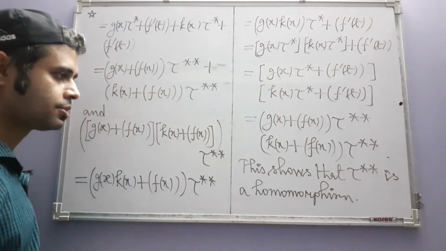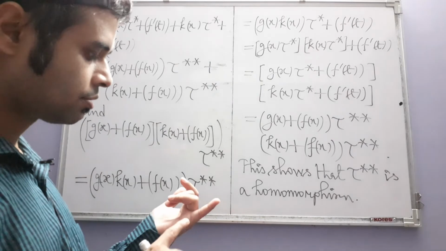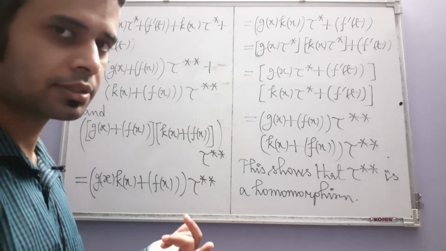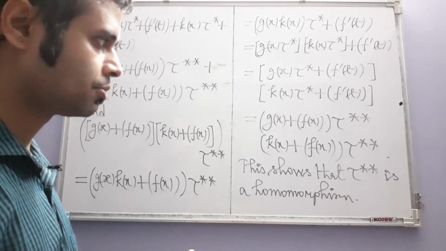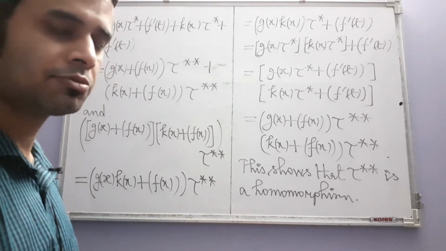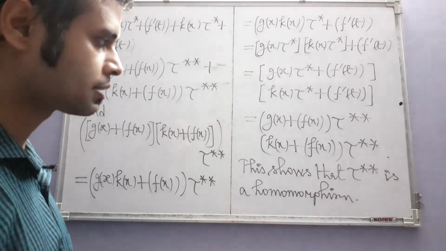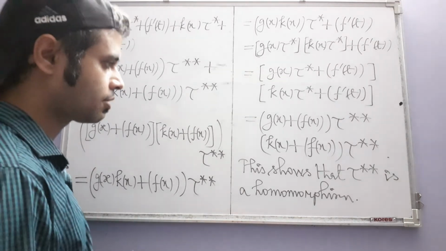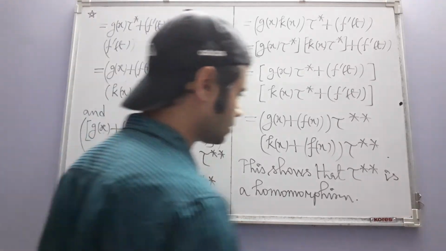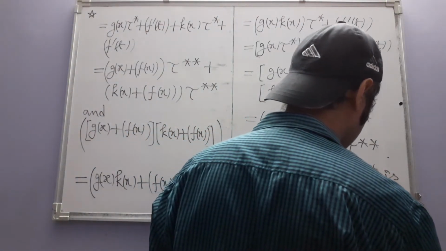So what else do we need to show? We have shown that tau double star is a well-defined ring homomorphism. To prove that it's an isomorphism of one ring onto another, we next have to prove that it's one-to-one and onto. Onto-ness is almost obvious. Let's just see that one first.